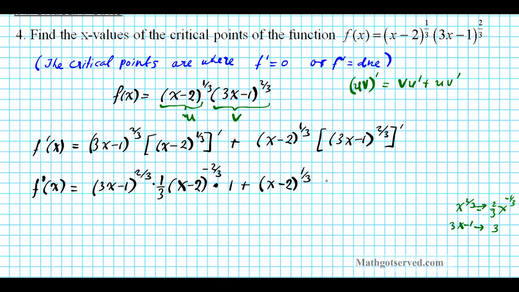Okay, so let's apply the chain rule here. We're going to have 2/3 times (3x minus 1) to the negative 1/3. That is the derivative of the outer function evaluated at the inner function 3x minus 1, times the derivative of the inner function, which is just 3. Okay, so there you have it.